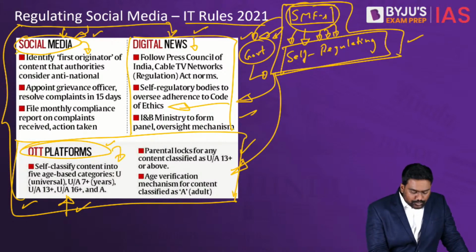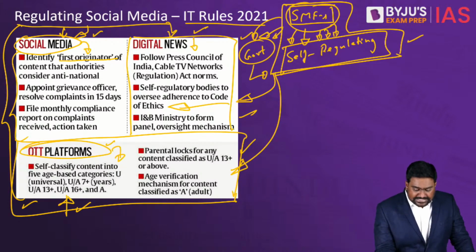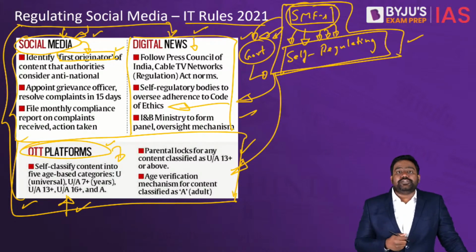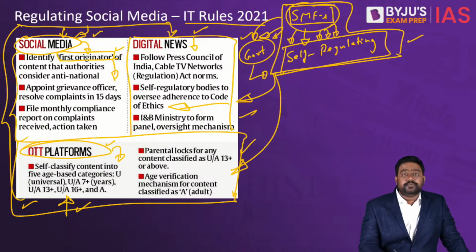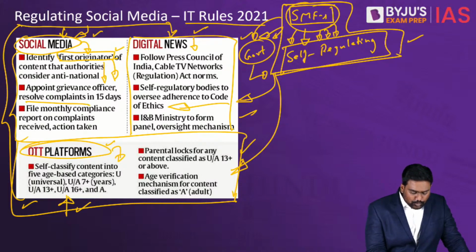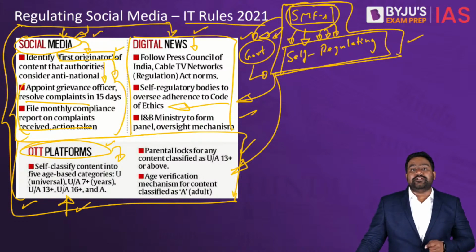They have been obligated to trace the originator of a message. If a miscreant has generated a fake message which has led to violence or a law and order situation, then social media companies have to work with the police and law enforcement to trace the originator of the message.